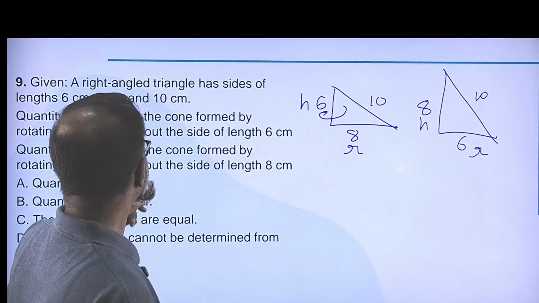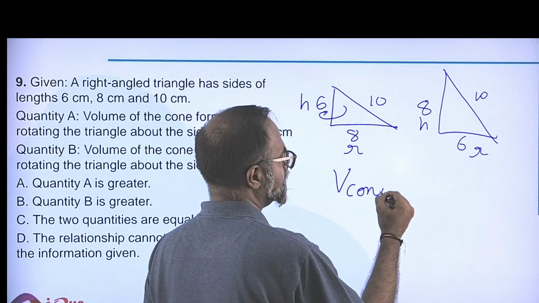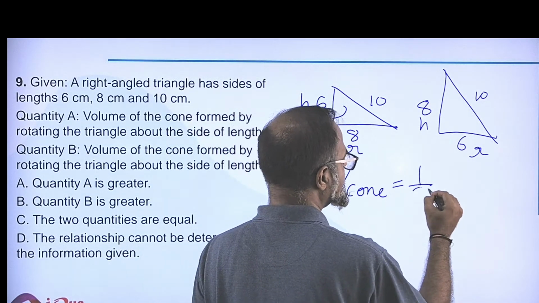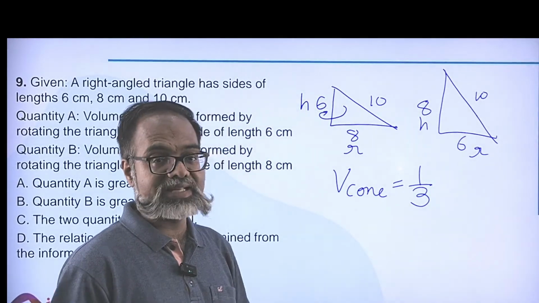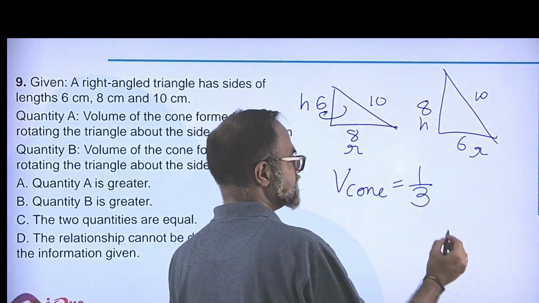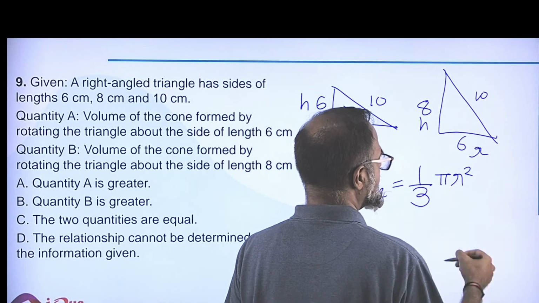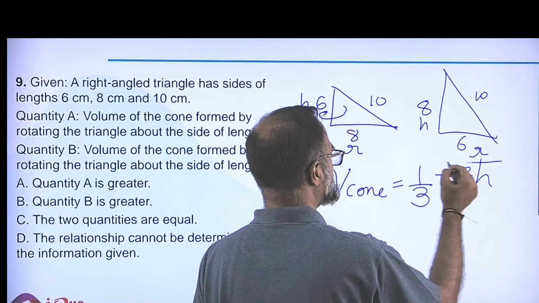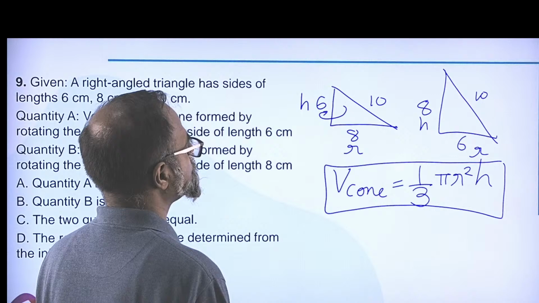So now, what is the volume of a cone? The volume of a cone, remember, is nothing but 1/3 the volume of the equivalent cylinder. Volume of a cylinder is base into height. Base of a cylinder is a circle. So base is pi r square, and height is obviously height. So the volume of a cone becomes 1/3 pi r square h.